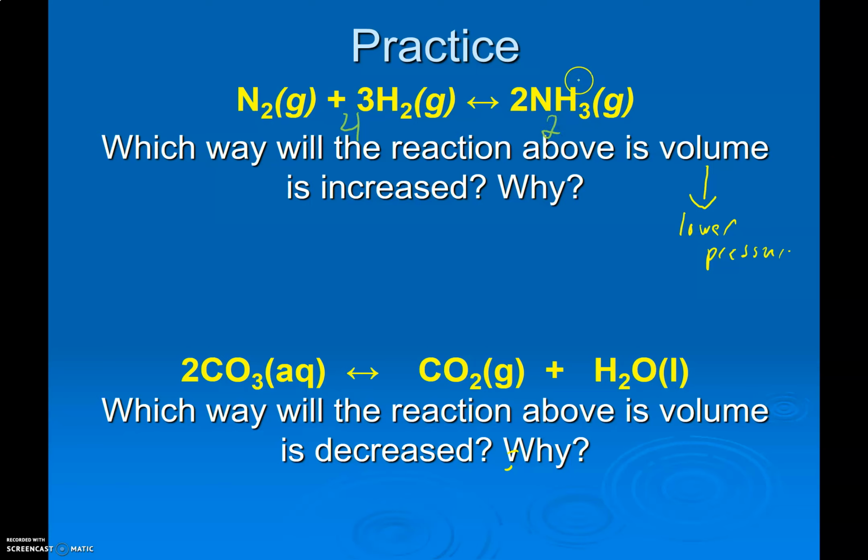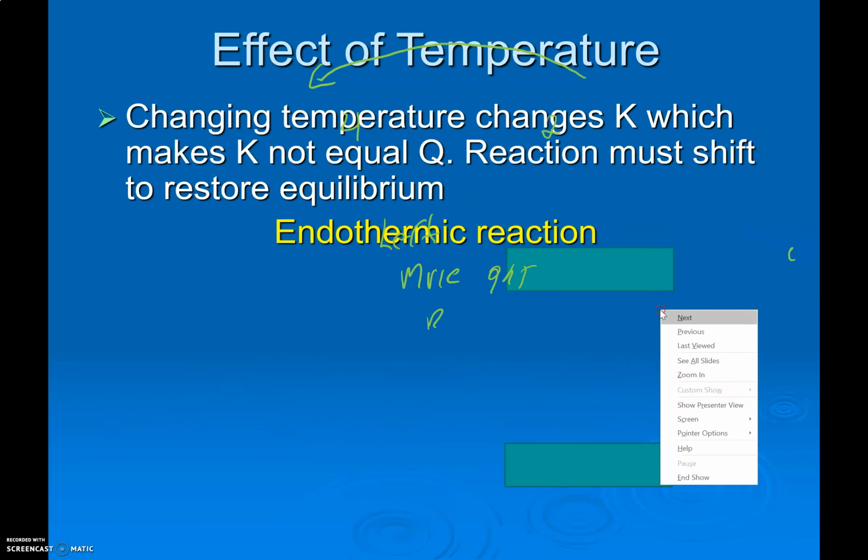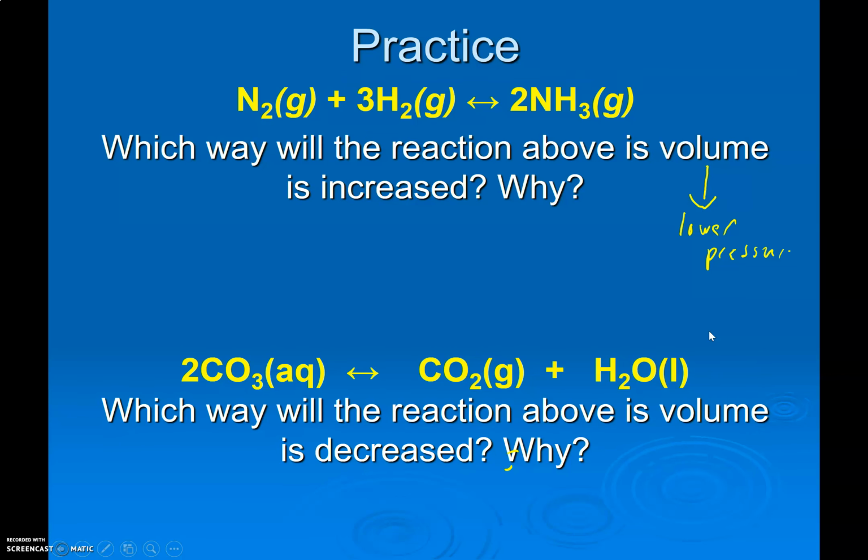So in this case, we're going to shift to the left, and the reason why is more gas particles will increase the pressure and return it back to what it was at equilibrium.